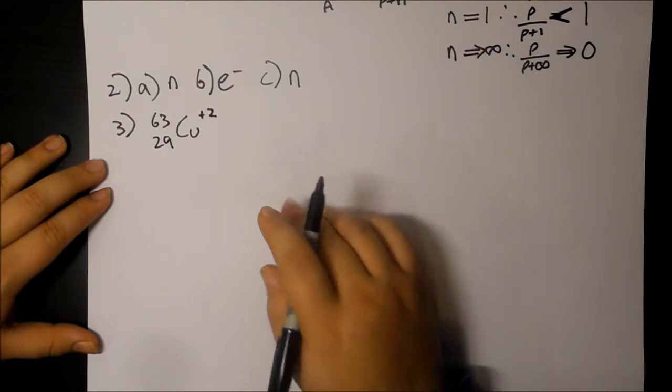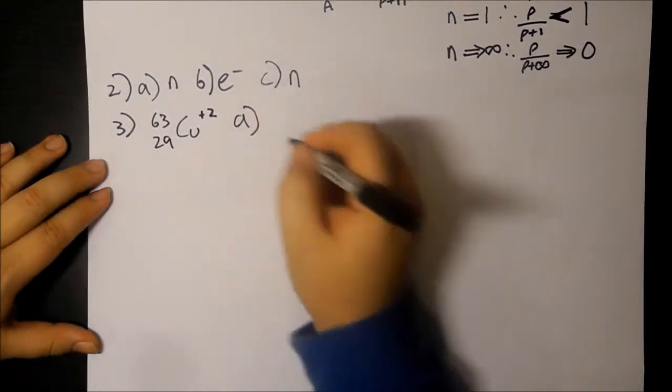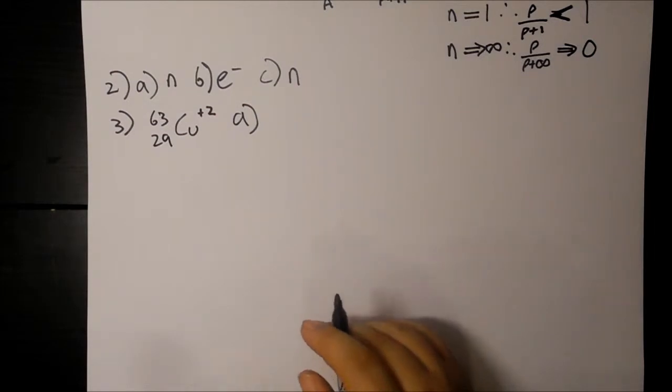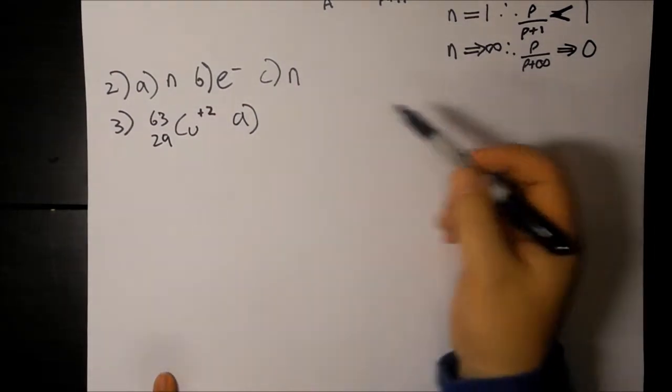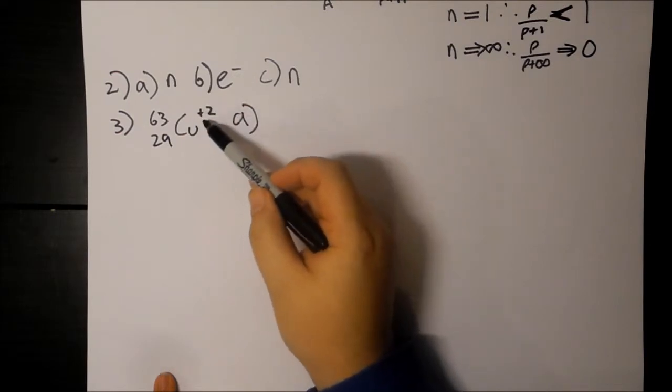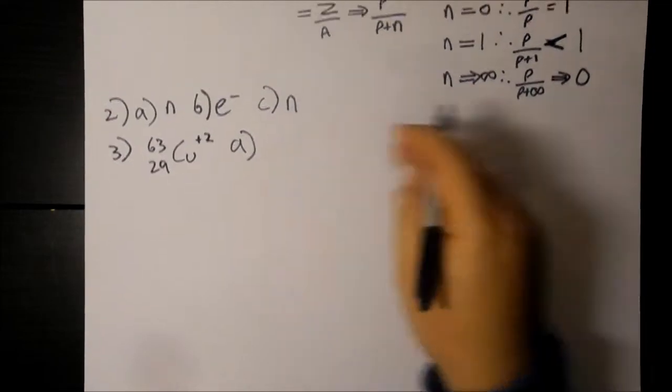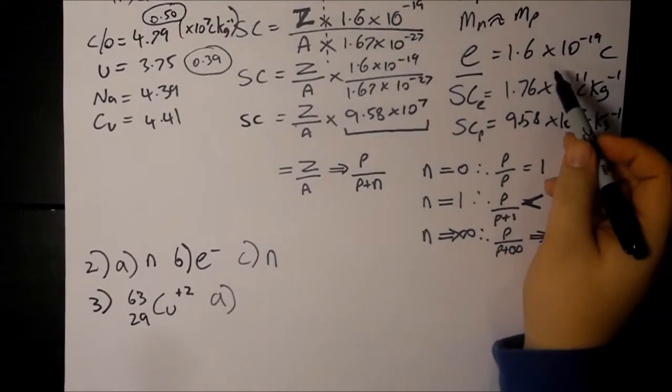First of all, it says calculate its charge in coulombs. Now this is incredibly simple. You should not need to go to any extraordinary lengths here. The reason is the charge is just 2, and what do we times it by to get coulombs? Well, we times it by the charge of an electron.